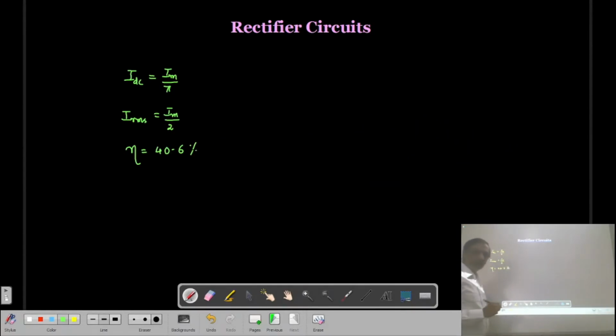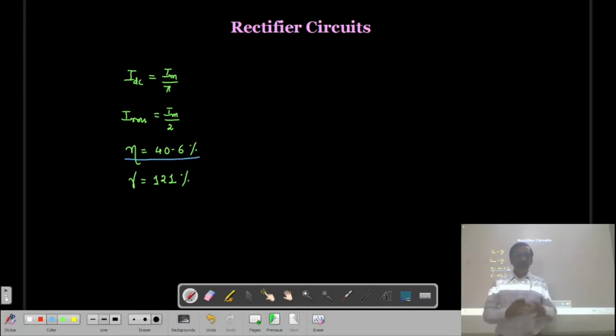Then we calculated the ripple factor. The ripple factor in the case of the half wave rectifier comes out to be 121%. So whenever we discuss any kind of rectifier circuit, we have to calculate these parameters. Here we can see the efficiency of the half wave rectifier is only 40%.